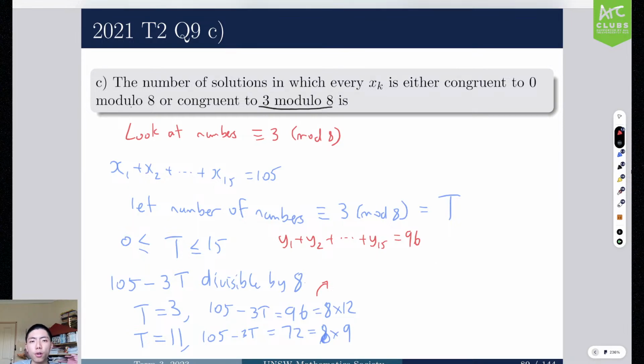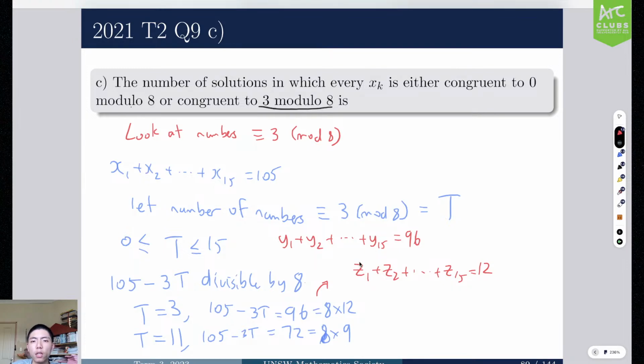Okay, we know that these numbers have to be divisible by 8, right? So in other words, if we divide everything by 8, we get a new set of numbers that add up to the 12 that they multiply by, right? Because we know that all of the y's in that sequence are multiples of 8.